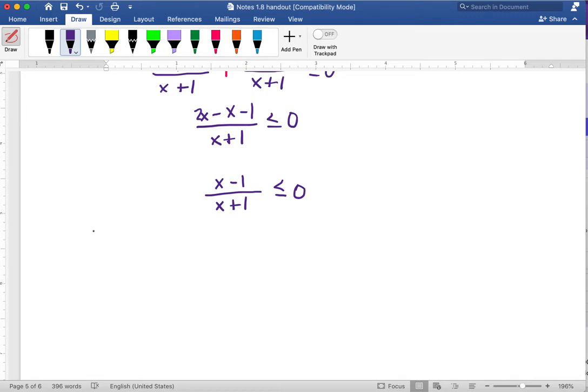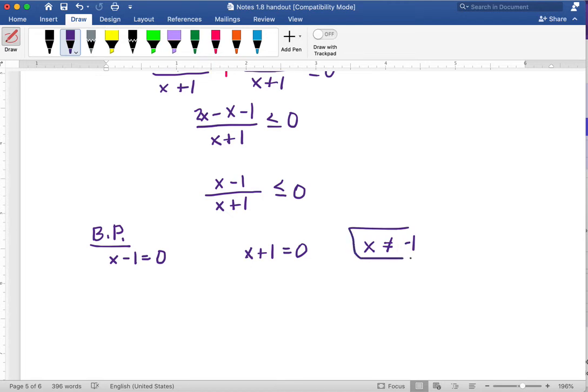Now I can get my boundary points. You have to have a single expression to get your boundary points. So my boundary points are found by doing x minus 1 equals 0 and x plus 1 equals 0. You should also consider your denominator restriction. X cannot equal negative 1.